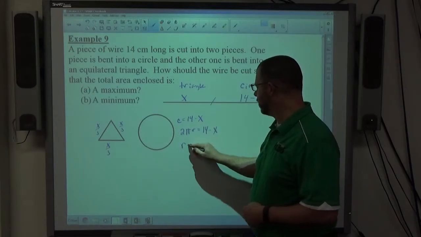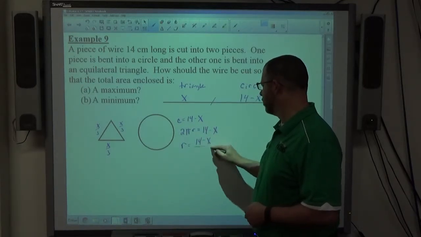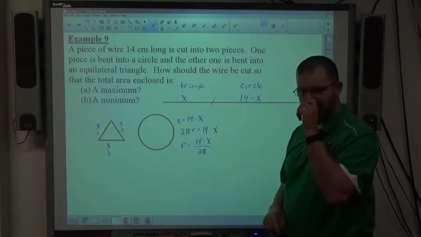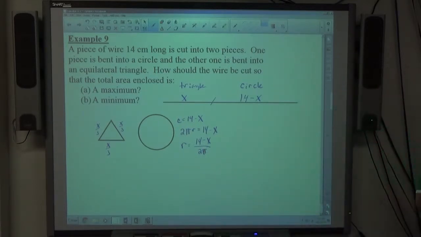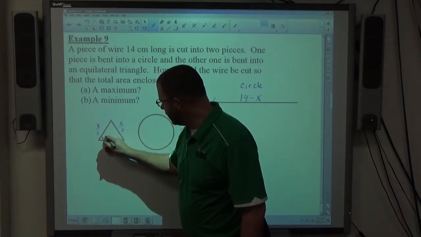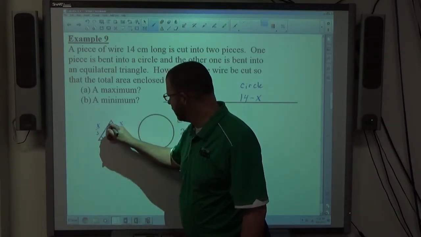That makes the radius equal to (14 minus X) over 2 pi. If we focus on important dimensions here, that helps us to establish something about the area. Now, one other thing we know about equilateral triangles is that the angles are 60 degrees.